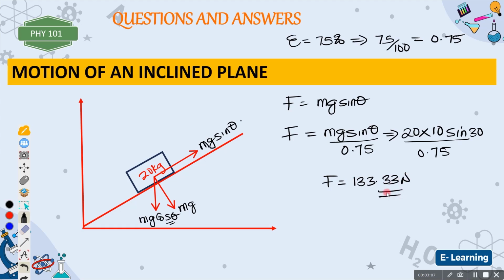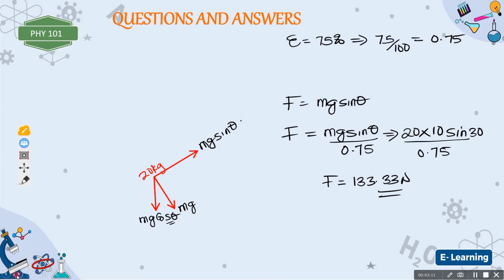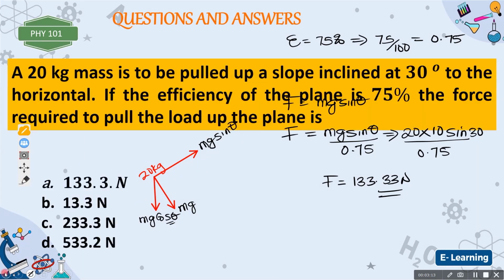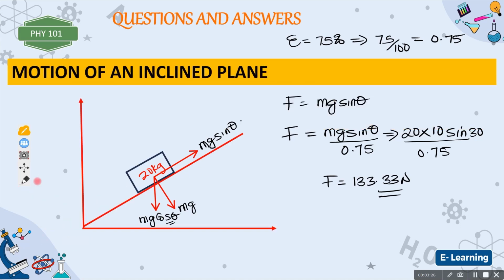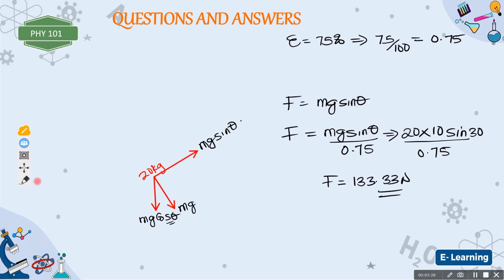So that is our force, 133.33 Newton. Is that okay? So if we come back here, that will be the answer to that question. Option B? No, option A. So you should be very, very careful. 133.3 Newton. Is that okay? That is the answer to that question.